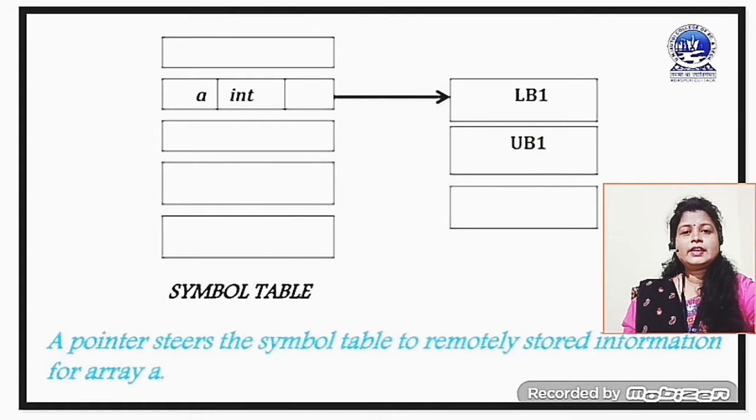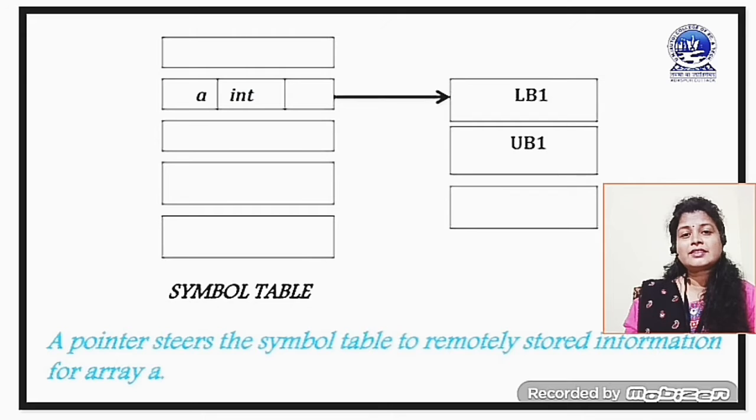Now here you can see that I have used one symbol table and how a pointer is used to maintain the extra information related to the token. Suppose I have used one name, A, and it is int type, it is an array, and it needs some extra information to be kept in a particular order.